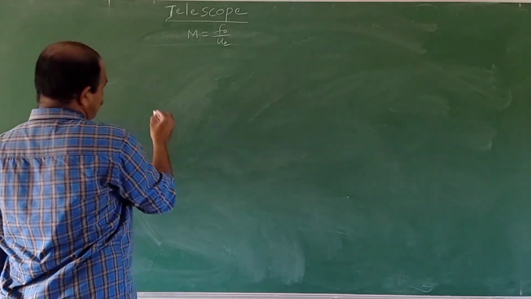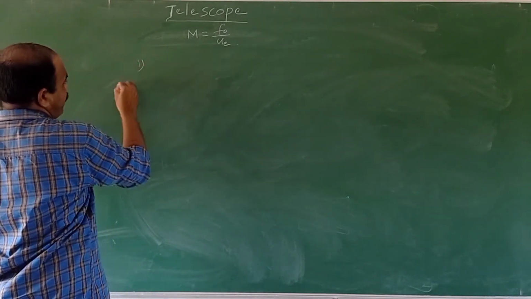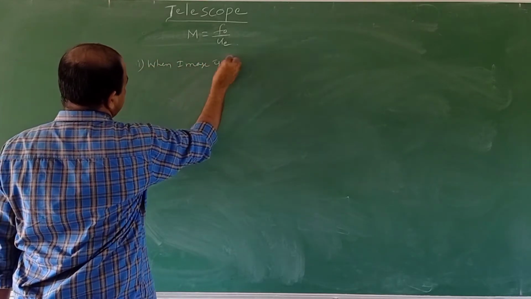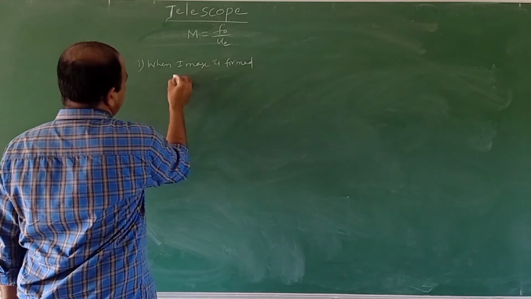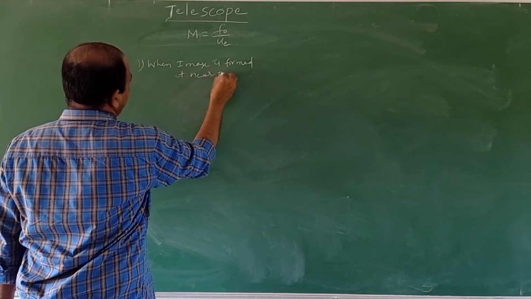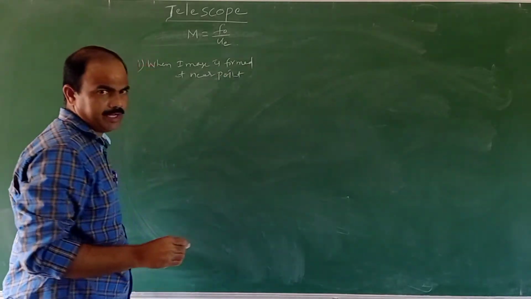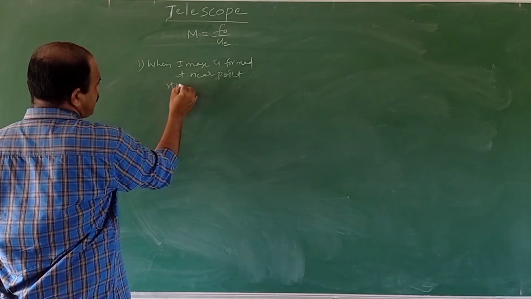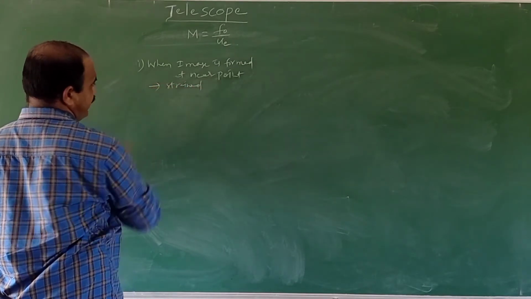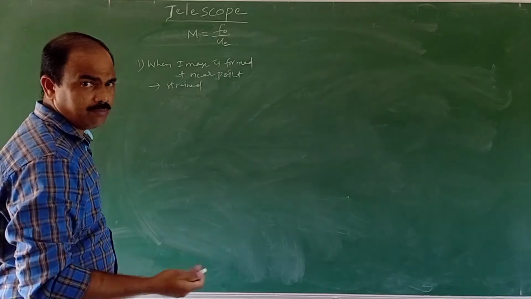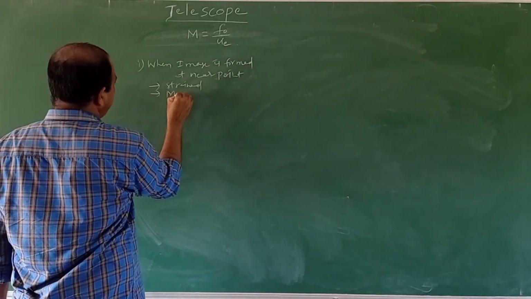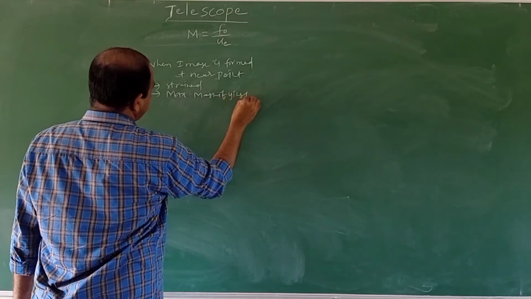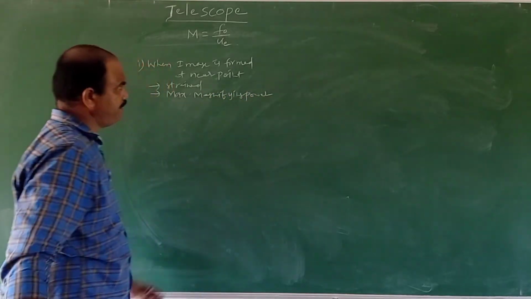First, when the image is formed at the near point, which is 25 centimeters, our eye will be strained, but we get more magnifying power. To get the maximum magnifying power, the image must be formed at the near point.